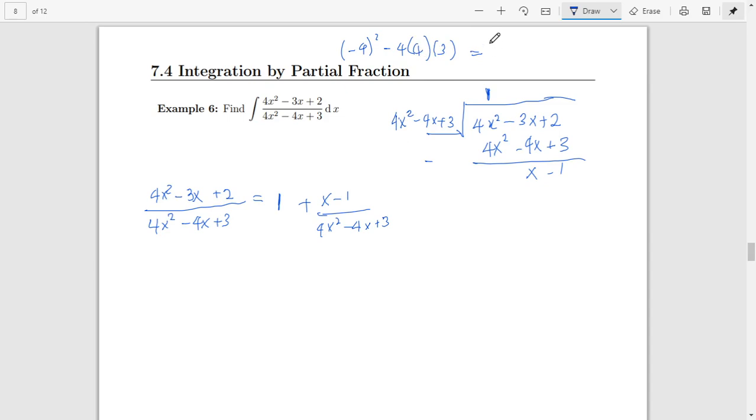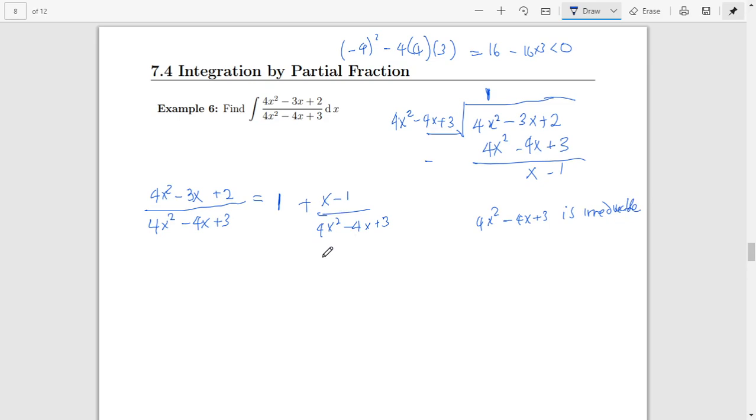That will be equal to 16 minus 16 times 3, which is less than 0. So that tells me that my 4x squared minus 4x plus 3 is irreducible. So now I need to integrate this way.